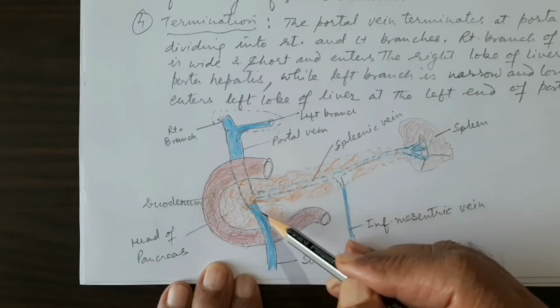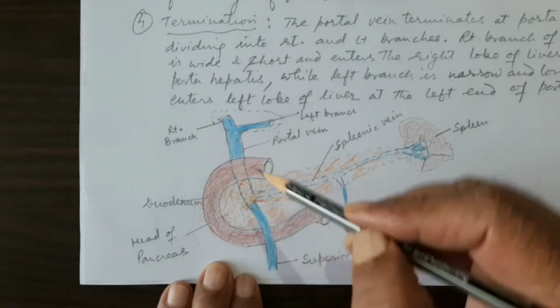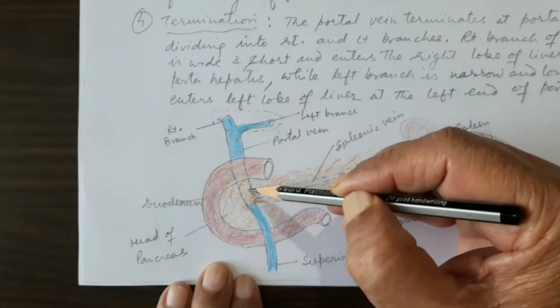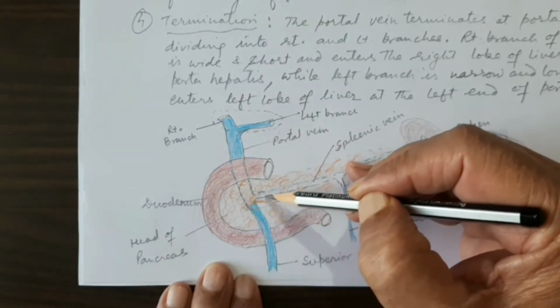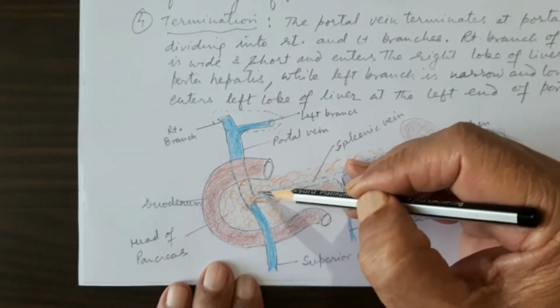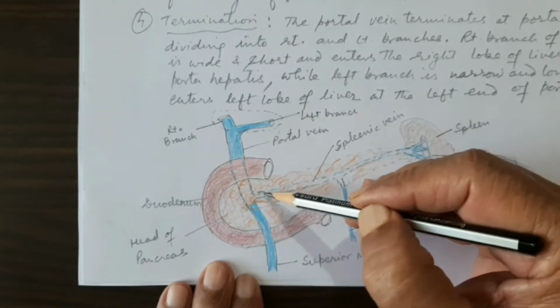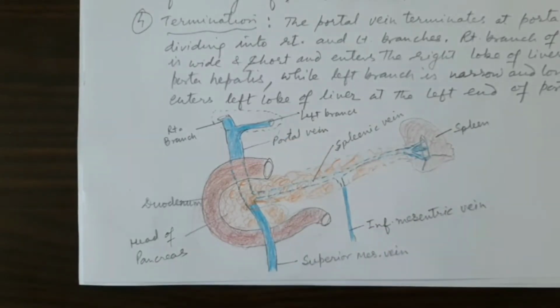So the splenic vein is joining the superior mesenteric vein, and from this point onward up to this point, this is the portal vein. So the portal vein has formed at the neck of the pancreas by the union of the splenic vein and the superior mesenteric vein.